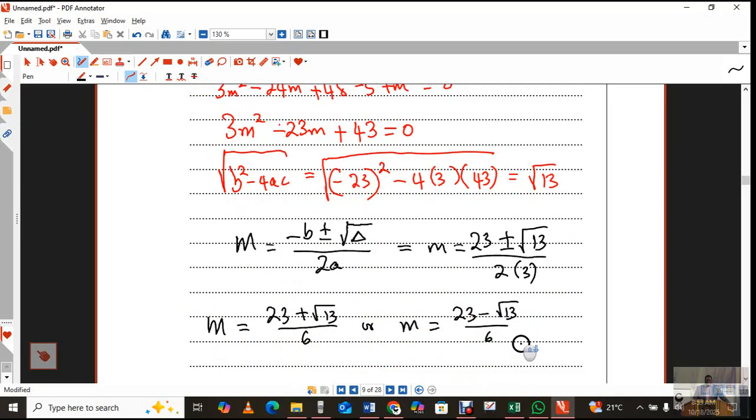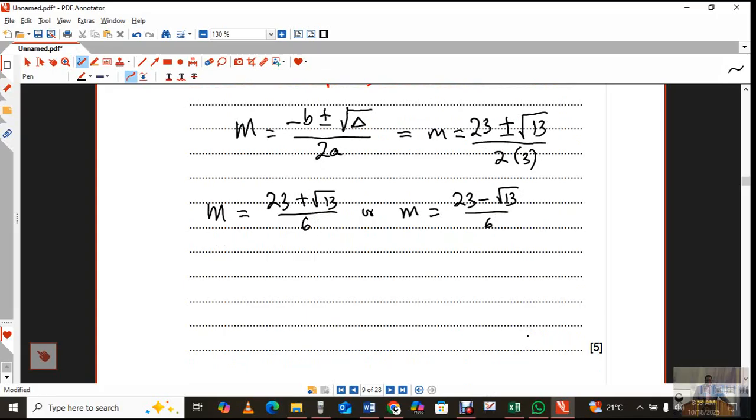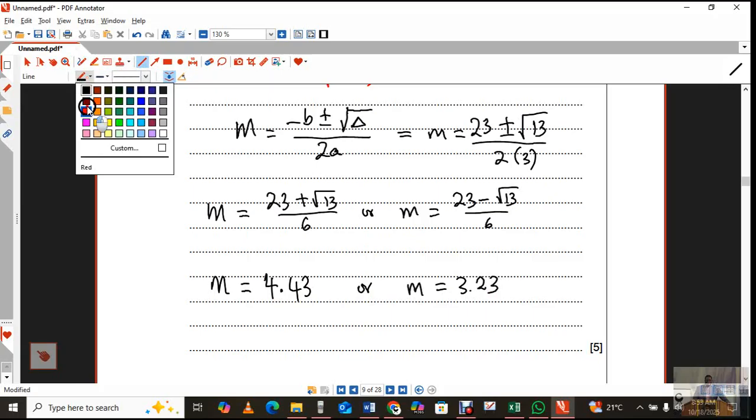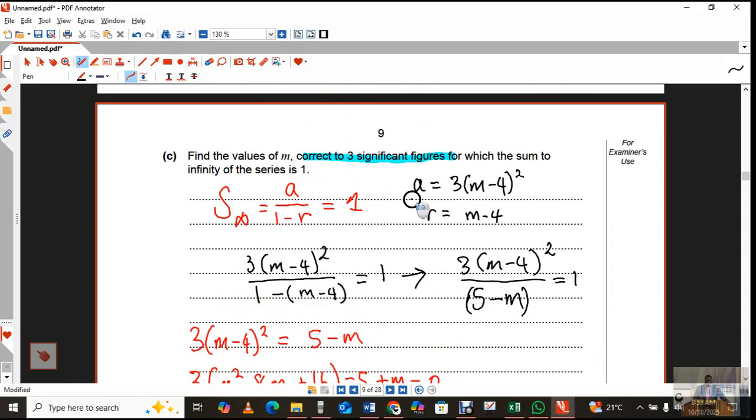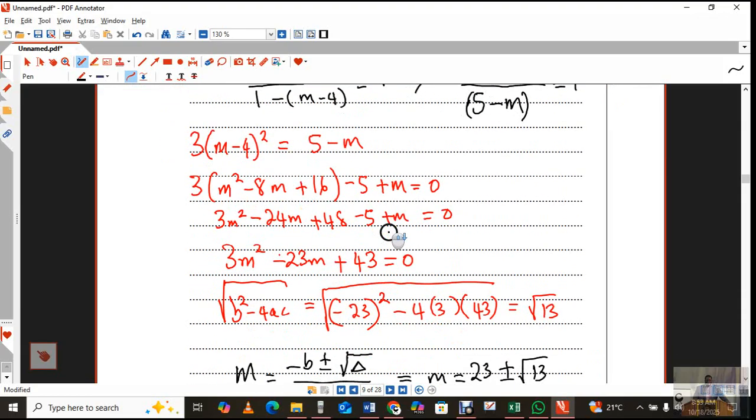You can just punch that into your calculator and find the values of m, and I'm going to leave them to 3 significant figures. One will be 4.43, or the other one is going to be 3.23 respectively. Both these answers are given to 3SF as required in the question, and I highlight that, very important.